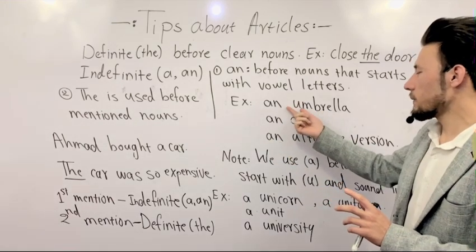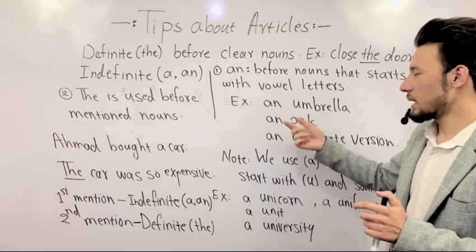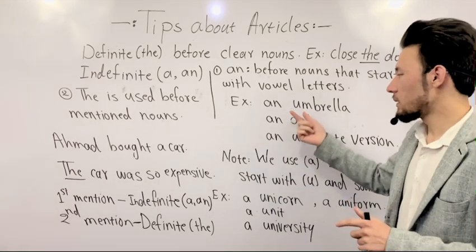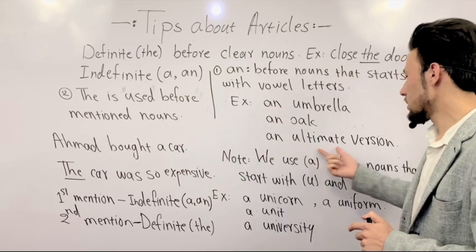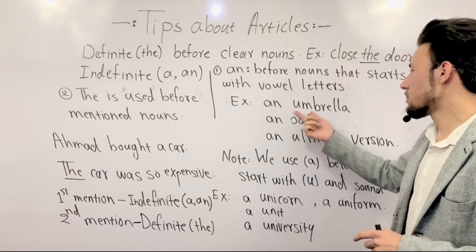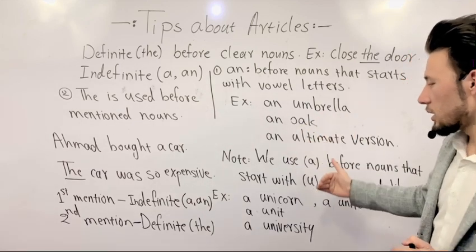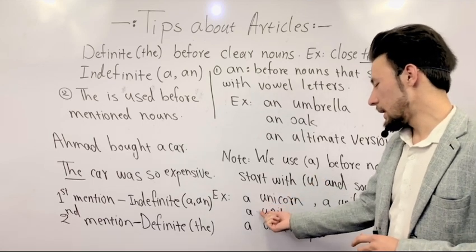Since our noun starts with a vowel, and this vowel is "u," and it has the sound "uh" rather than "you," that's why we use "an." Also, an ultimate version, since it is not pronounced "you-ltimate," and not "you-mbrella."